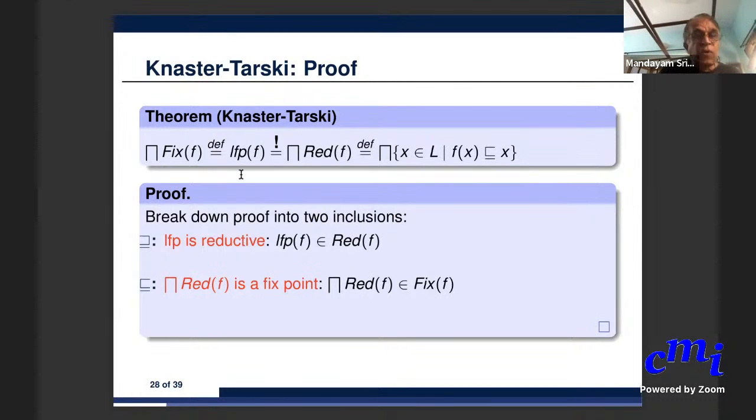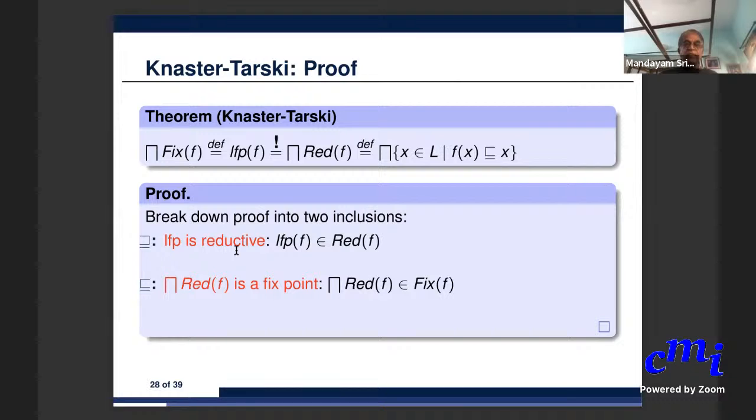Okay, so as you know, the least fixed point is the least among all fixed points. Okay, and that's how the least fixed point of F is defined. But here, Tarski's claim is that it can be characterized as the greatest lower bound of the reductive set.